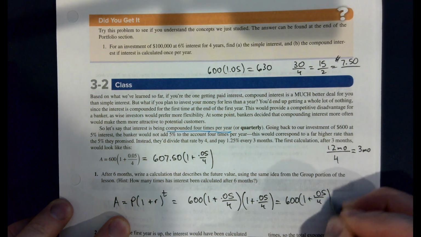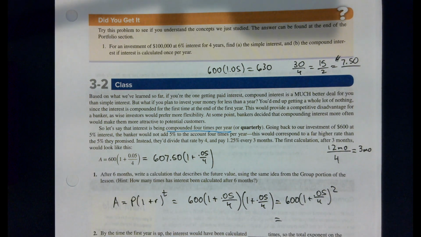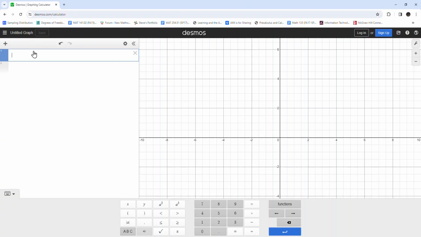So we're just going to square this. And I'm going to scamper to Desmos on this one. That's tough to do in your head. No shame in using a calculator, in my opinion. So we're getting 615 and, let's say, 9 cents.